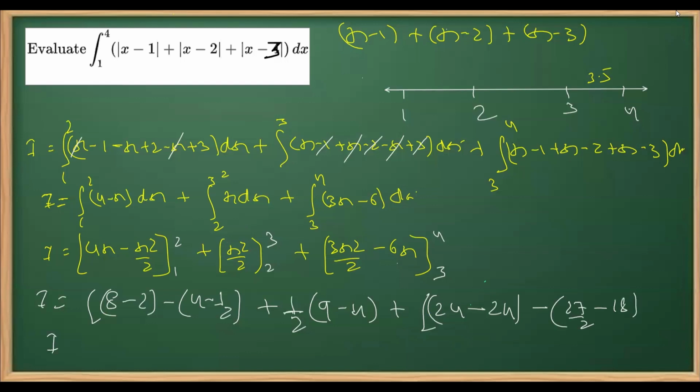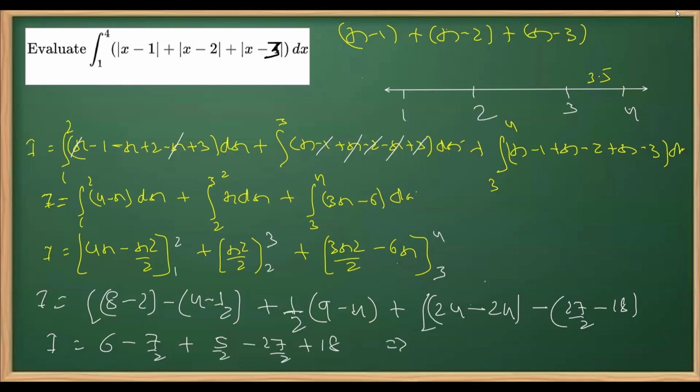So what we have now: 8 minus 2 is 6, and this is 4 into 2, 8. 8 minus 1, 7 by 2, plus 9 minus 4, this is 5 over 2, and plus this one is 0. So from here, I'll get minus 27 by 2 and positive 18.